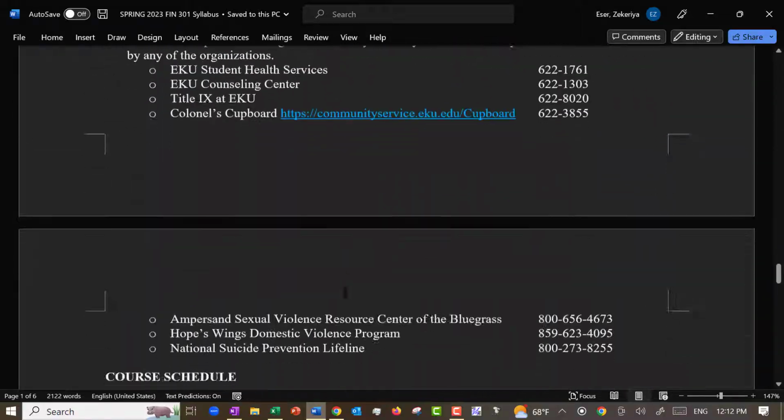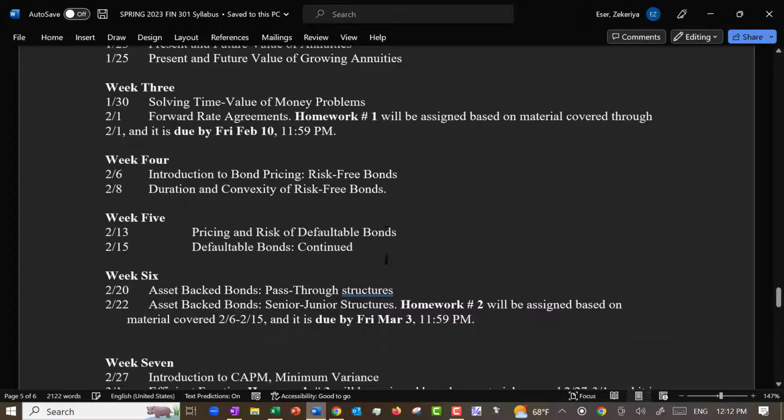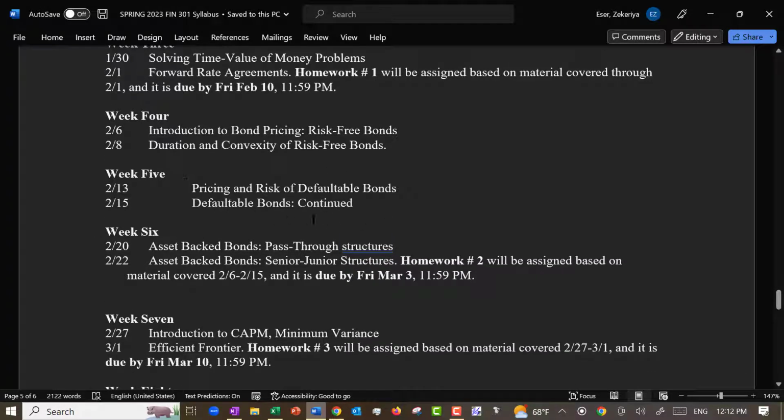We're going to start thinking about what happens to pricing of bonds once we allow for possibility of default. Right now, we kind of looked at the only risk you have is the interest rate, but sometimes, default is possible. So that's what we're going to do next week.